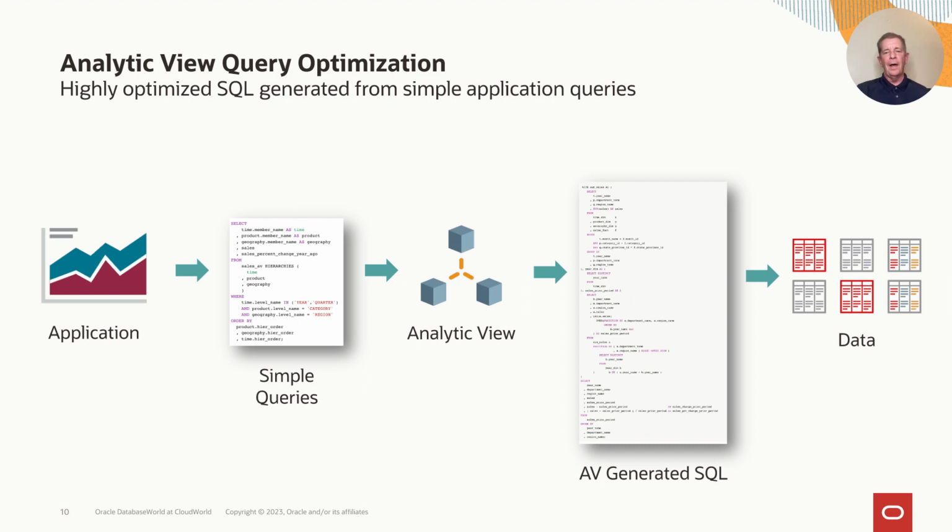With all of that, it can generate highly optimized SQL for your use case. And in every version of the database, it's improved, tuned, and takes advantage of new features in the database. So you just pick up all that for free when you query the analytic view. And then, of course, finally, it accesses your data, right? So all this optimization coming for free is just a tremendous advantage for you.